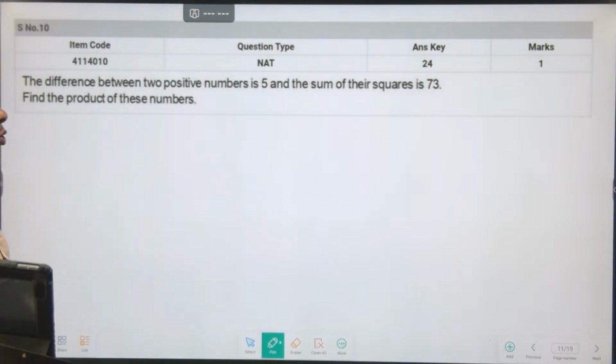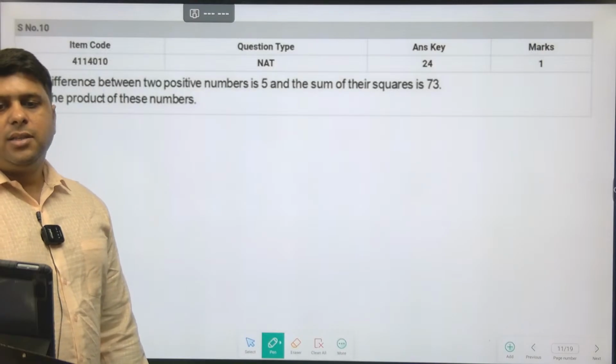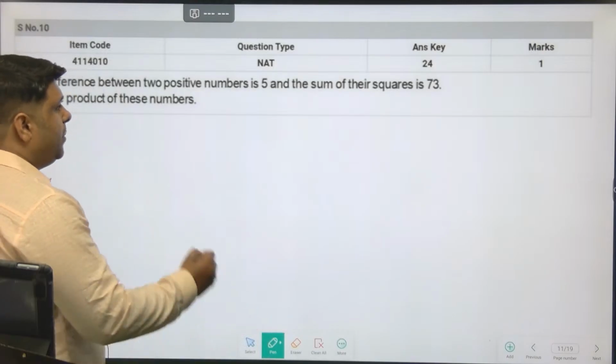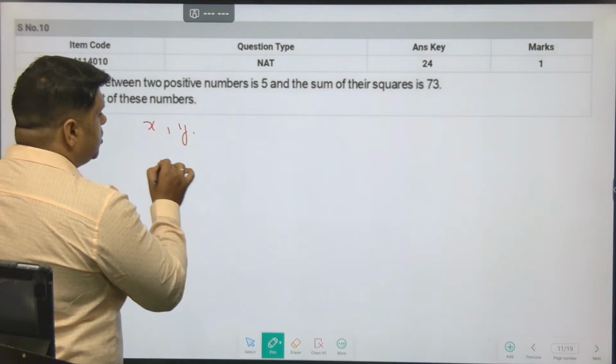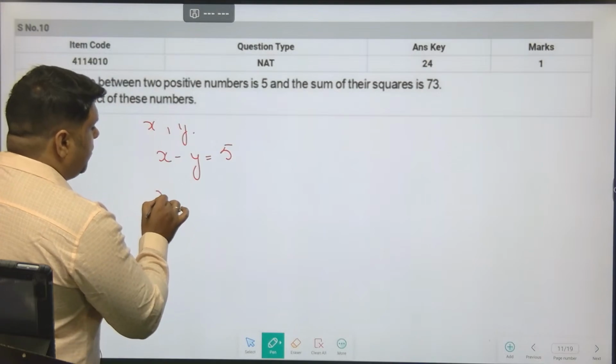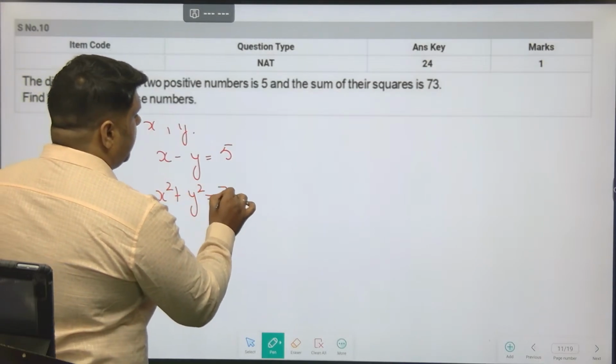The difference between two positive numbers is 5 and the sum of their squares is 73. Simple question again. Let's take the two numbers as x and y. So he is saying x minus y is equal to 5, and the sum of their squares is 73.